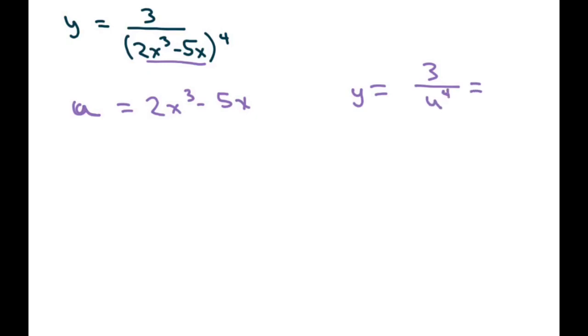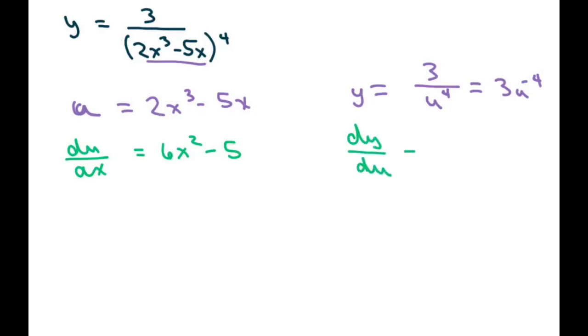I can write this as 3u to the negative 4. Now, take the derivative of u with respect to x, and we get 6x squared minus 5, and take the derivative of y with respect to u, and you get negative 12u to the negative 5.